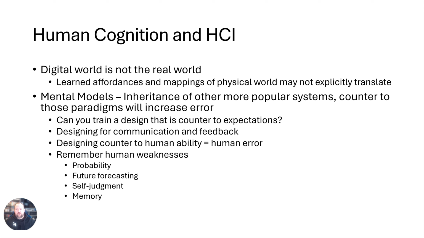These are things that human cognition doesn't exactly do fantastically, like probabilities, future forecasting, the state of the world, anything like that. Self-judgment, we're very poor at that. And obviously we have some memory limitations. But all those can be actually enabled by digital design. They don't have to be hindered.